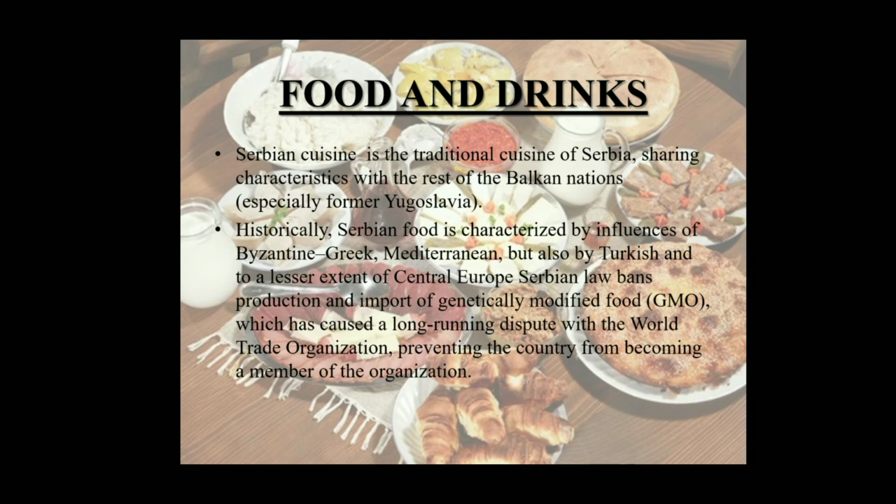Serbian law bans production and import of genetically modified food (GMO), which has caused a long-running dispute with the World Trade Organization, preventing the country from becoming a member of the organization.